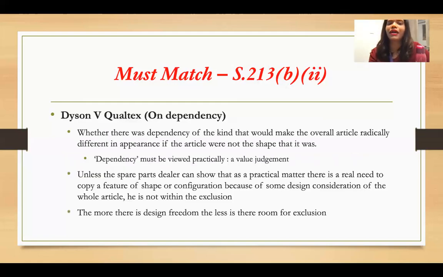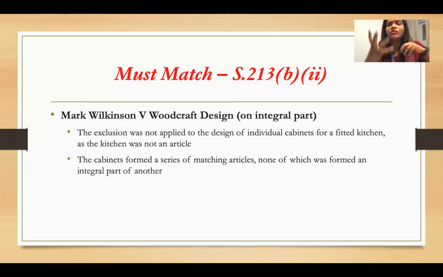When we look at dependency, we look at Dyson, just like the same car example. Always use the car as an example when you want to talk about must match. Think of a car door. Of course, the car door is dependent. The car door is what forms the integral part. Why would a designer come up with a car that doesn't have a door?